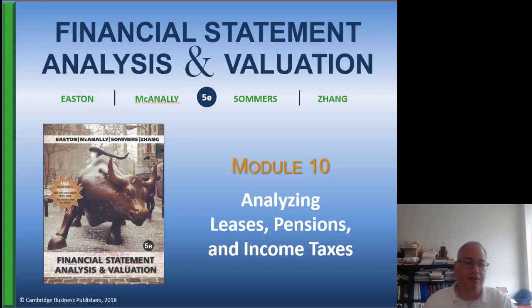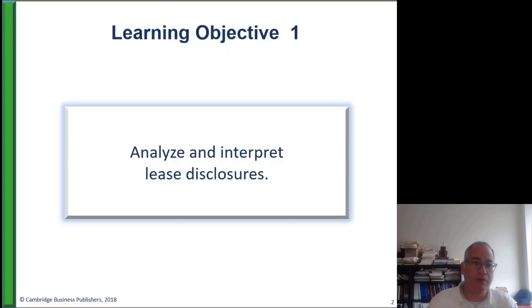A great example of this is lease disclosures. A lease is specifically a contract to rent an asset, and under the existing accounting, many operating leases are expensed. It's a form of what's called off-balance sheet financing. In other words, companies have the ability to buy assets but to lease them instead, and therefore they don't have to put the asset on the balance sheet and they don't have to put the liabilities on their balance sheet either.